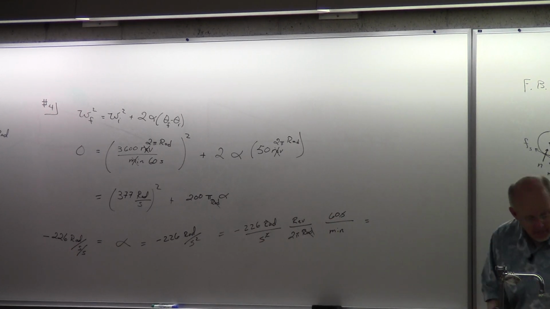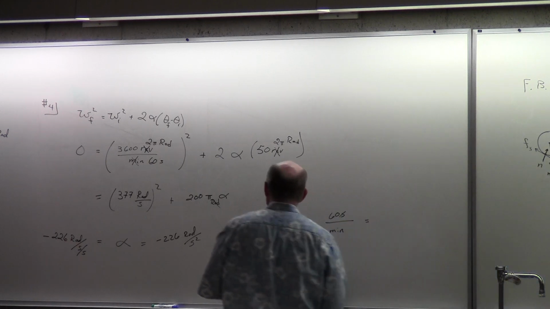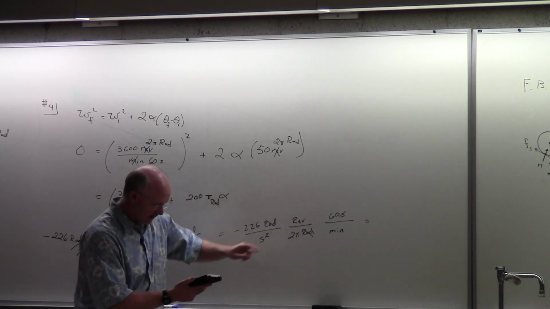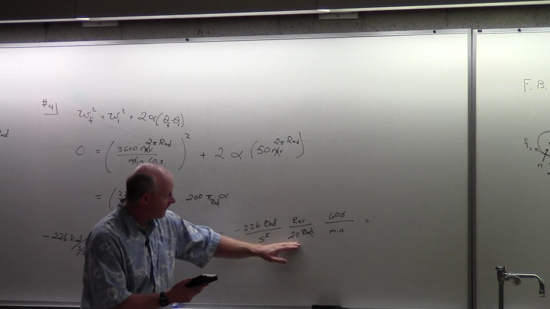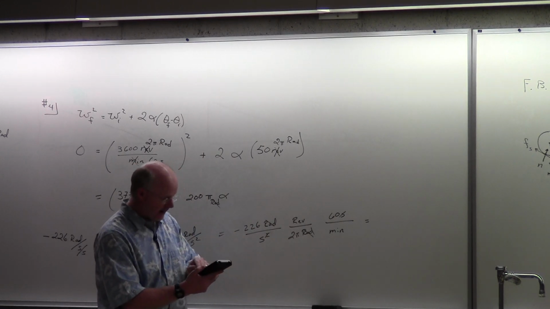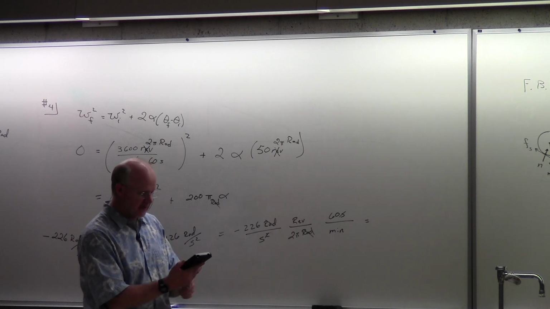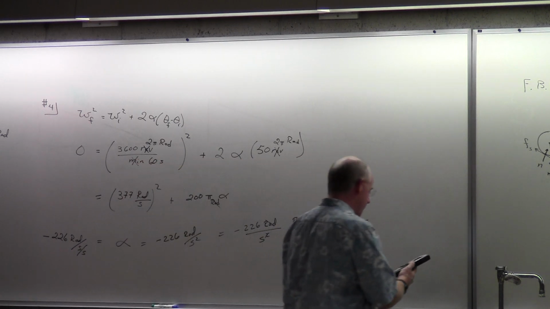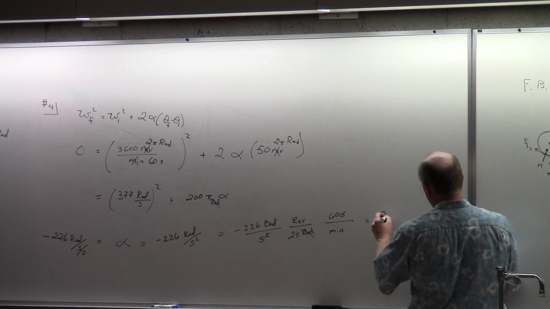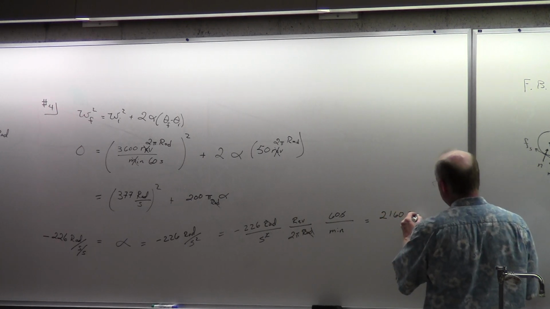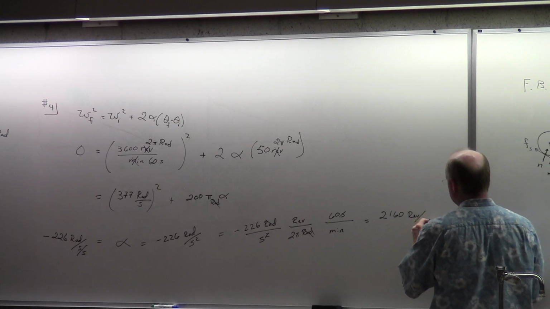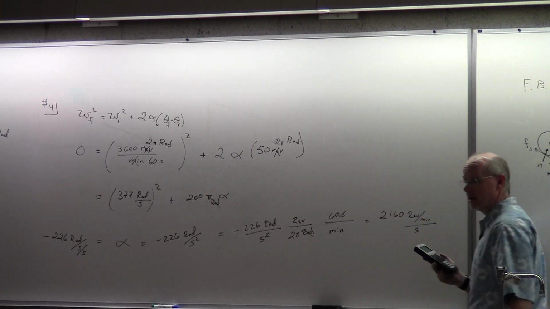And so as far as the numbers go, I have 226 divided by 2 divided by pi, and then times 60. And so this comes out to be 2160, and it would be revolutions per minute each second.